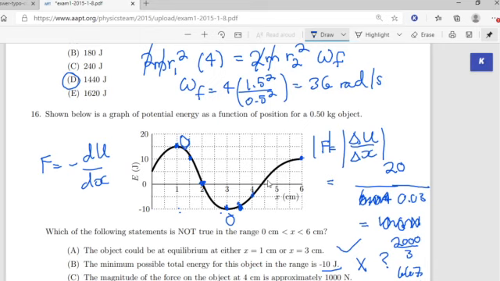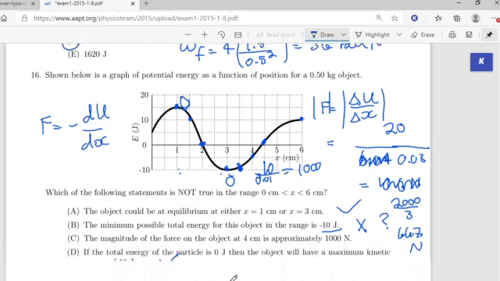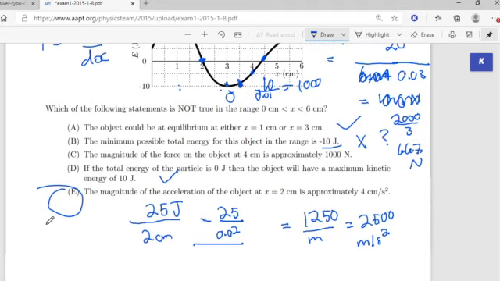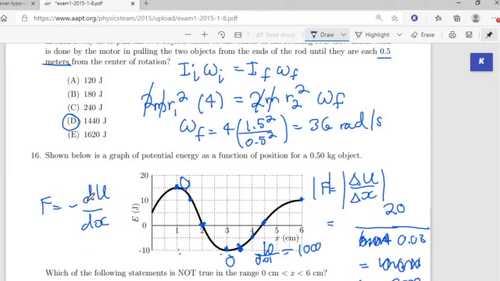Here is 0. Here is 10 over 0.01. Okay, so this would be 1,000 newtons. So actually, this is correct. And this is way off, so this is E.